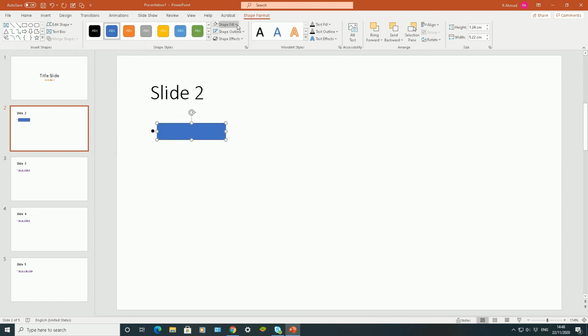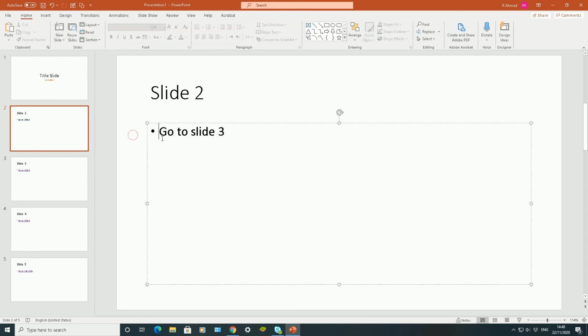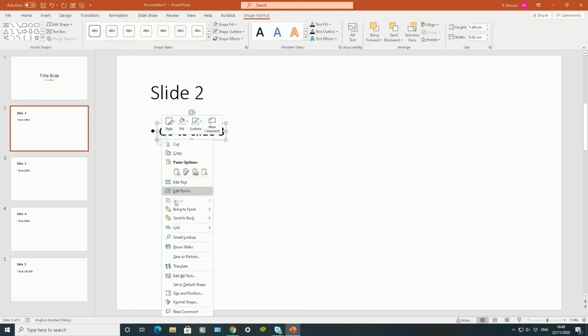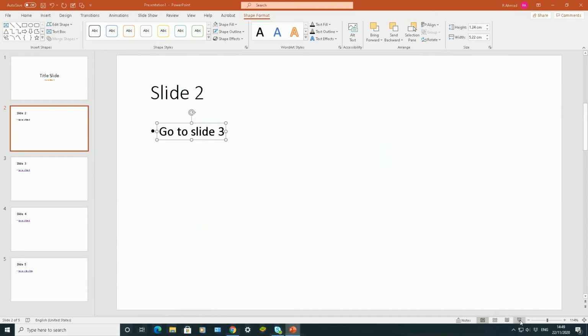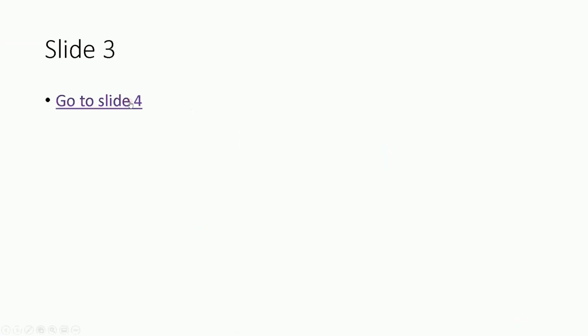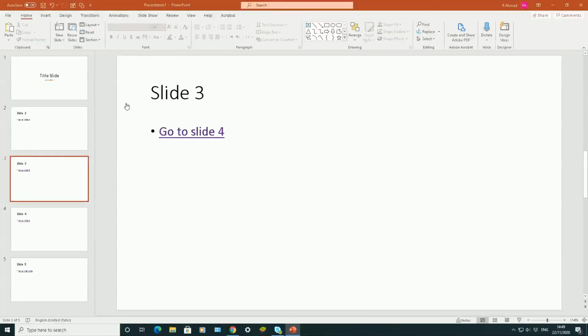At the top under shape format, choose no fill under shape fill, shape outline, choose no shape outline, then click on the rectangle again, right click, link, then go choose slide 3, click OK. So that's the way to do it on this hyperlink. So there you go, and follow the same procedure for there as well.